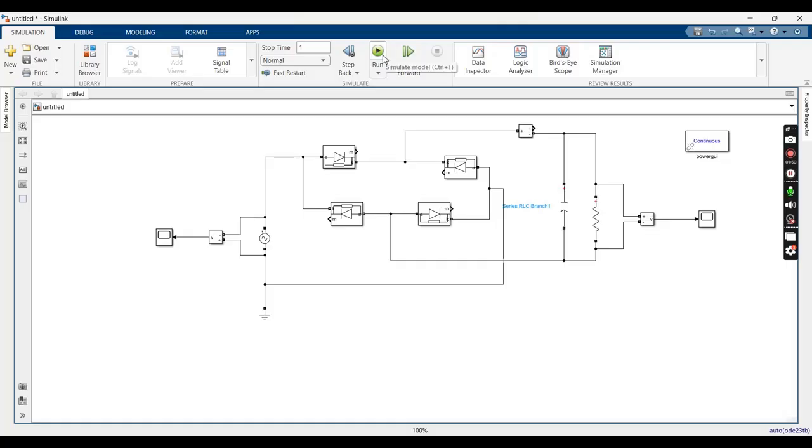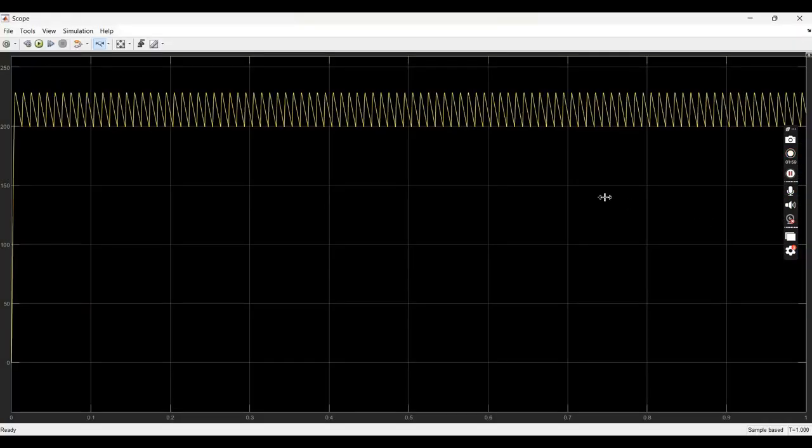Now run the circuit to see the ripple voltage. Here the pulsating DC voltage has now become ripple voltage.